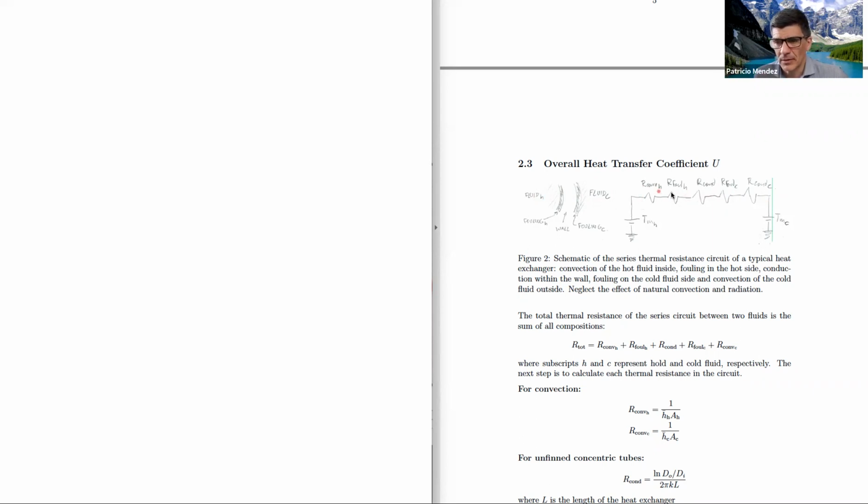And we marked it here. Resistance of convection here, and resistance of convection. Oh, I put cond, but this is convection. This is resistance of convection on the side of the cold fluid. And you might remember, these batteries here indicate the mean temperature of the hot fluid, in this case inside, and the mean temperature of the cold fluid that is outside.